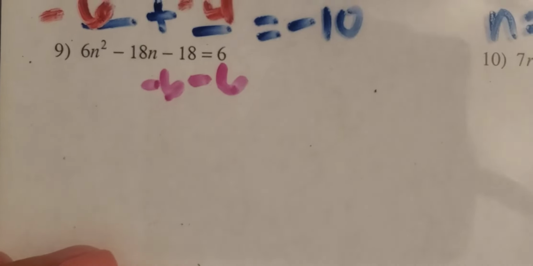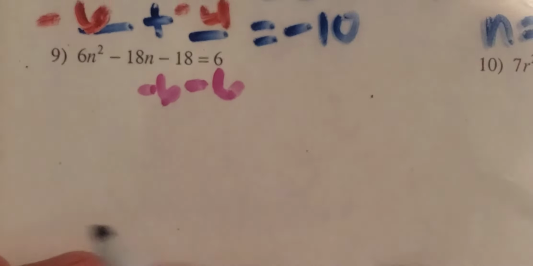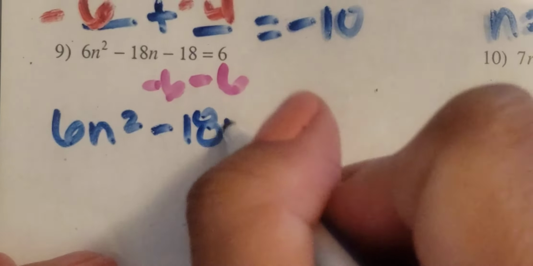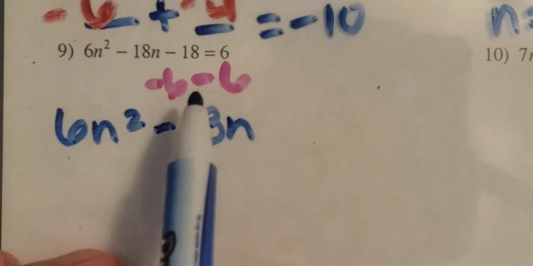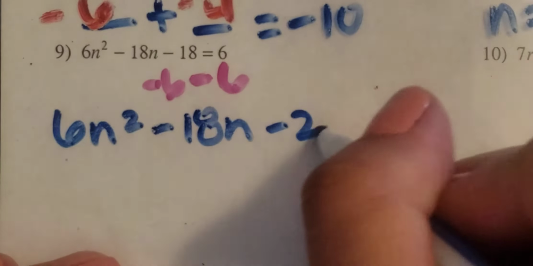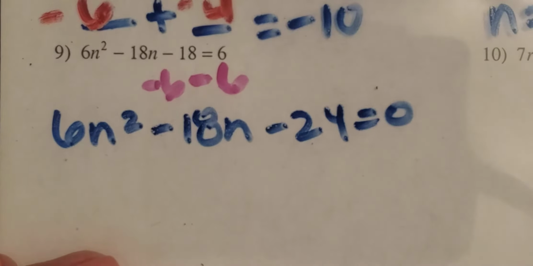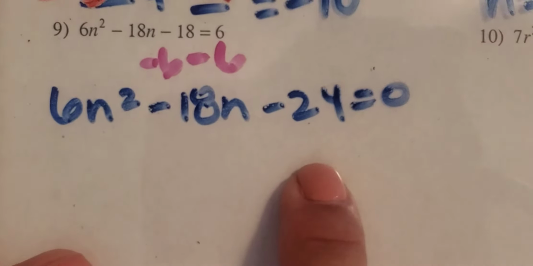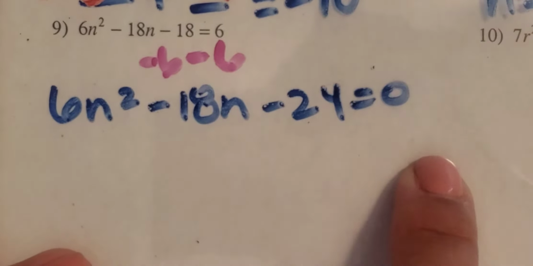I'll take my time. We're left with 6n squared minus 18n, and then negative 18 minus 6 gives negative 24, equal to 0. Now we have a quadratic equation equal to 0.